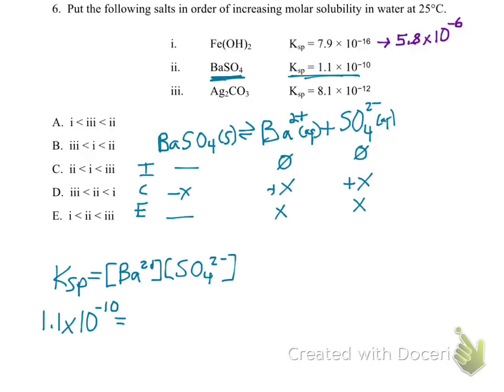And then x times x, as we got from our ICE table, is going to end up being x squared. So see how the math is different for this salt here. That's why it was important to do our ICE table. Now then, let's find out what we get. We'll end up getting x is equal to 1.0 times 10 to the negative 5. And that's going to be our molar solubility for this particular salt.